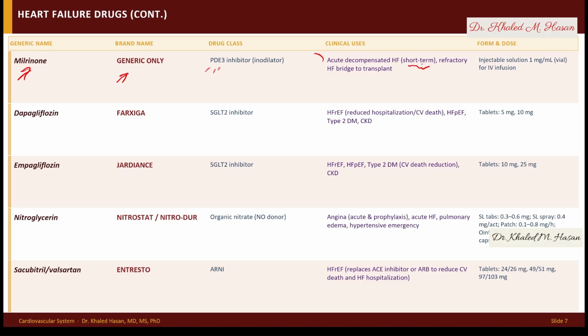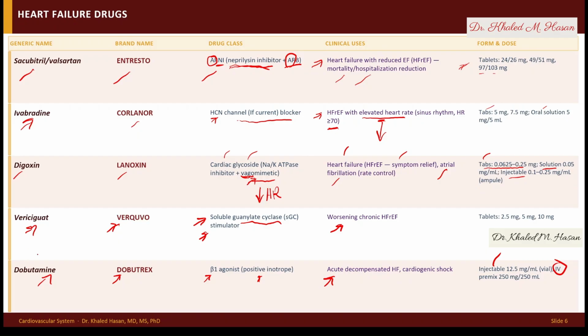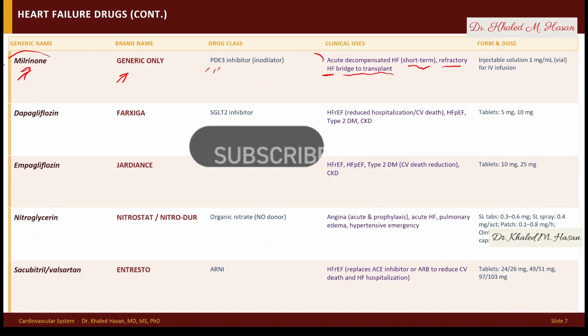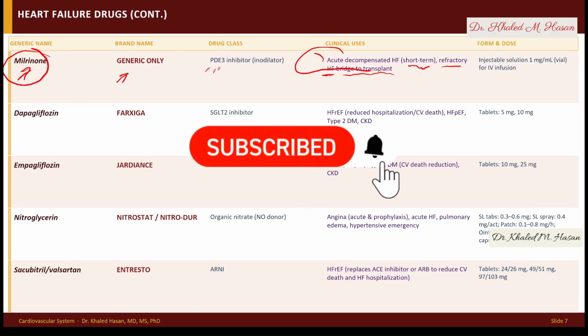It could be used for refractory heart failure when the patient may be in the process of cardiac transplantation. This is another medication for acute decompensated heart failure. Going back, you can see dobutamine for acute decompensated heart failure and cardiogenic shock, and milrinone for acute decompensated heart failure.